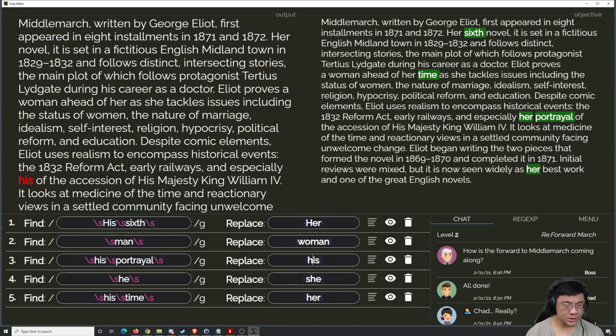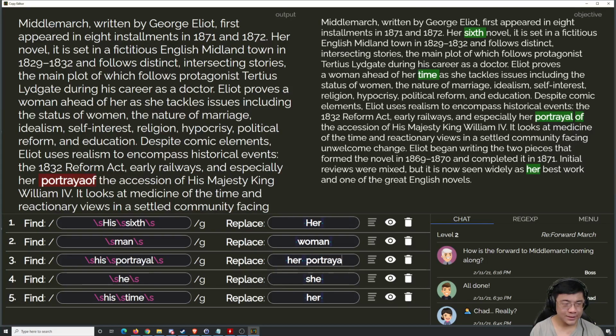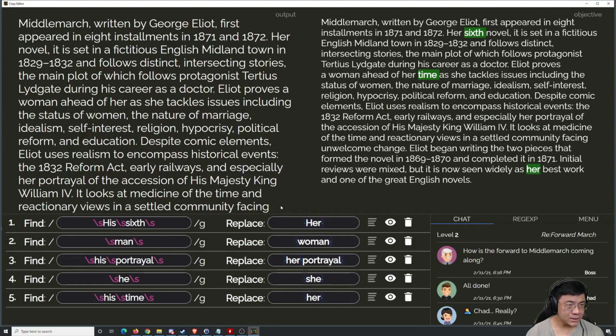So this should be "her." Oh yeah, you have to actually type the second part. Yeah, so you need to do the same thing with the "sixth" up there. Sixth, yes.